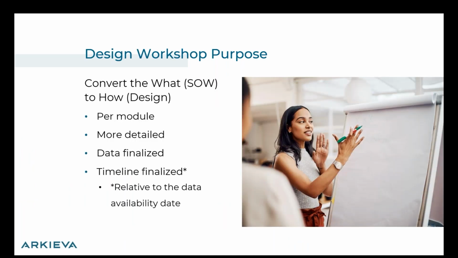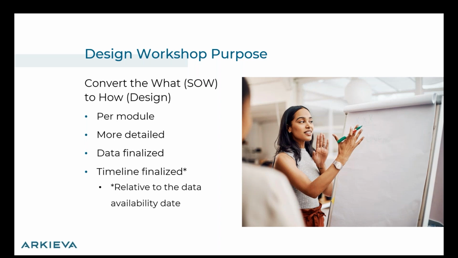Then the purpose of the design workshop is to convert the what that we discussed in the SOW, so these are the things we are going to do, into the how. And so really one clearly needs to document this on a per module basis. So if we are doing a demand implementation and an inventory implementation, I expect, and certainly I recommend for a successful implementation, that we have a per module design document, one for demand, one for inventory, one for supply.